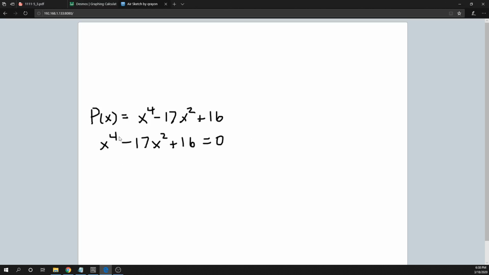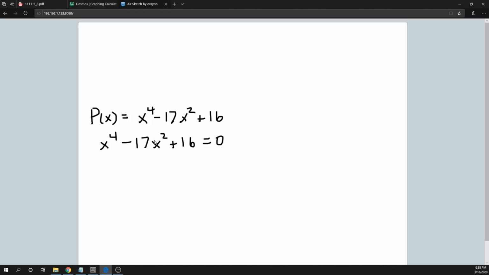We hadn't really talked about how to factor something that has x to the 4th, and for good reason, because that was really complicated. But this is a special one that's easier to factor if you've done factoring before. The reason it's easier is because you can see that it has 3 terms. This is x to the 4th, and then this power is exactly half of this one.